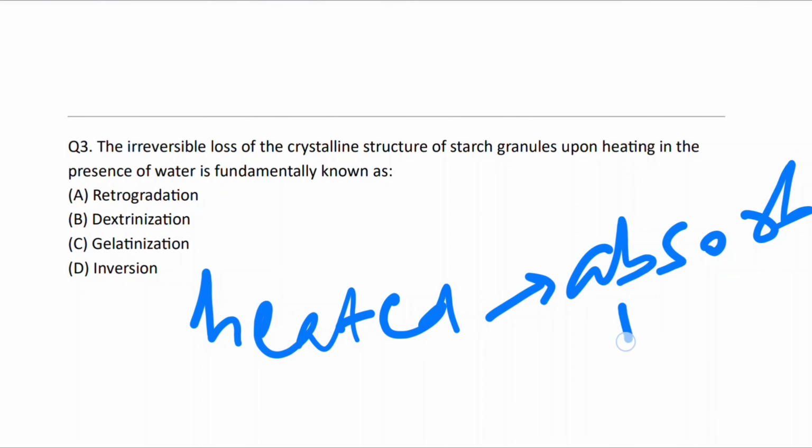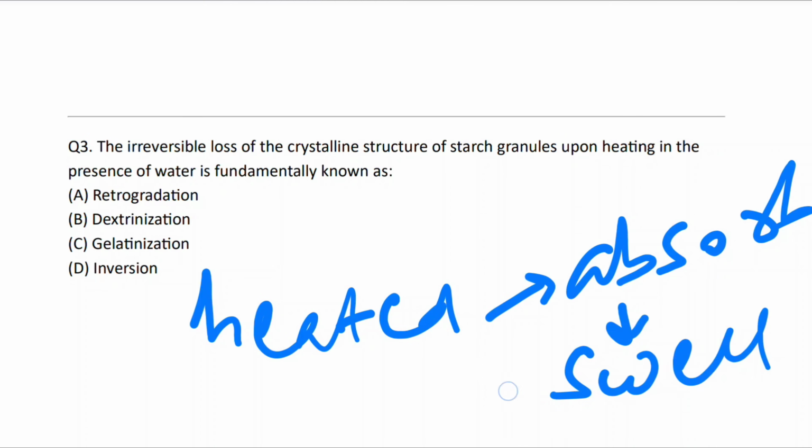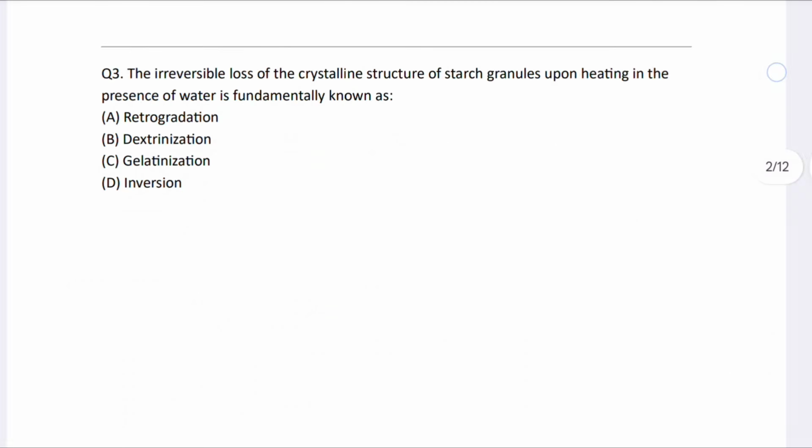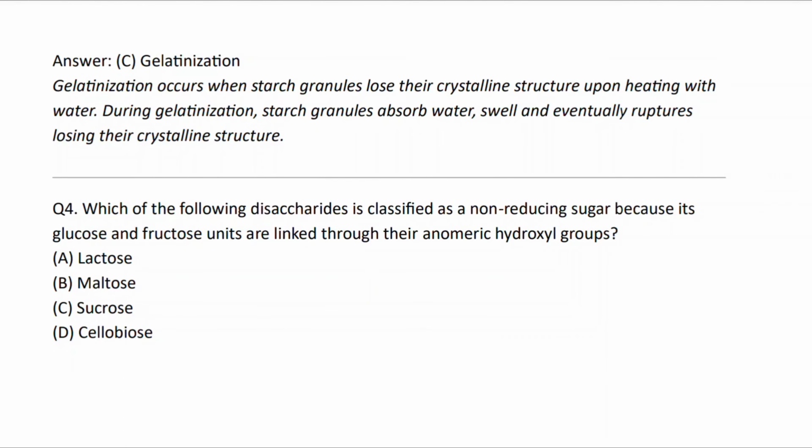When they absorb the water, the starch granules tend to swell up and after that they rupture. So when this happens, starch molecules break down and lose their structure, and that's when they form a thick gel-like paste in the water, and that process is called gelatinization. So the right answer is gelatinization. So here you can see the definition of gelatinization.